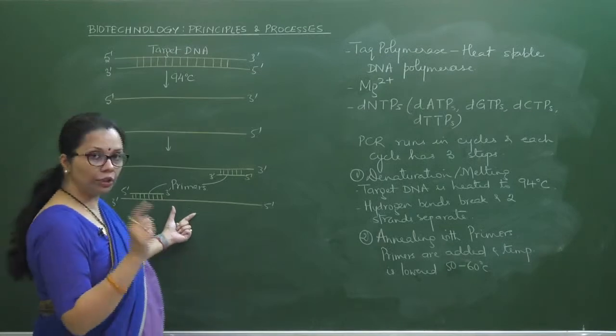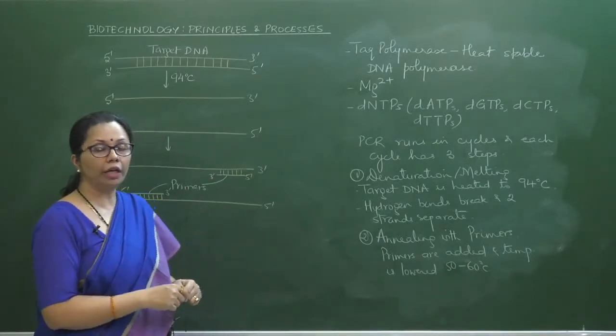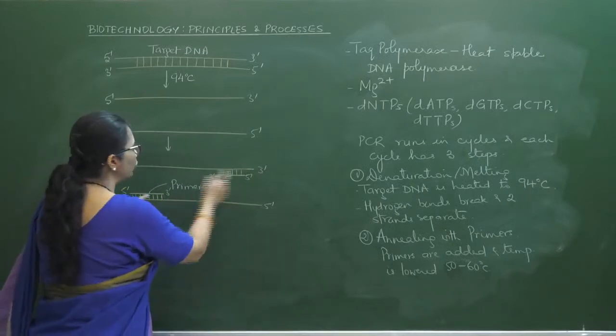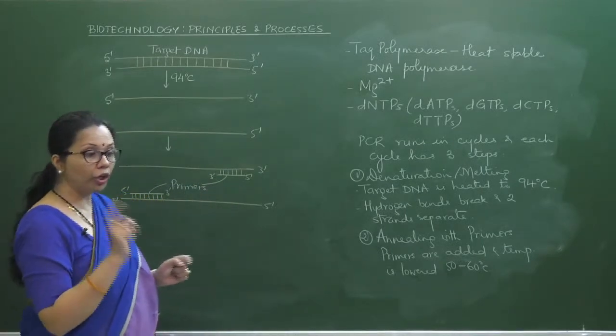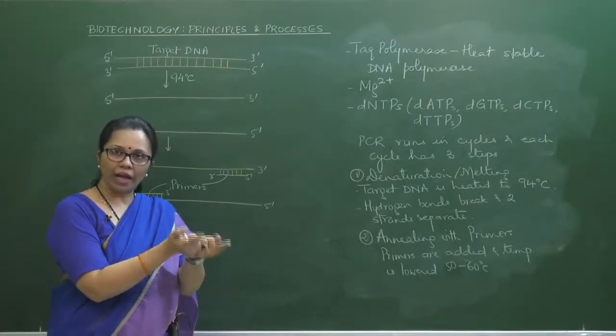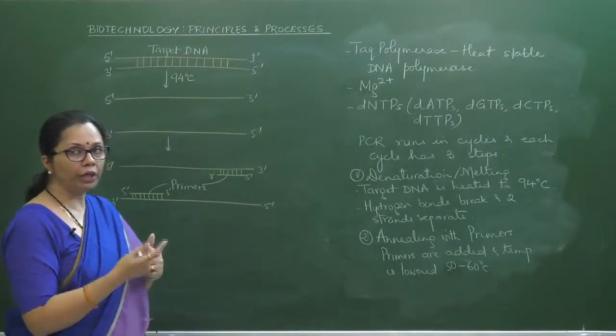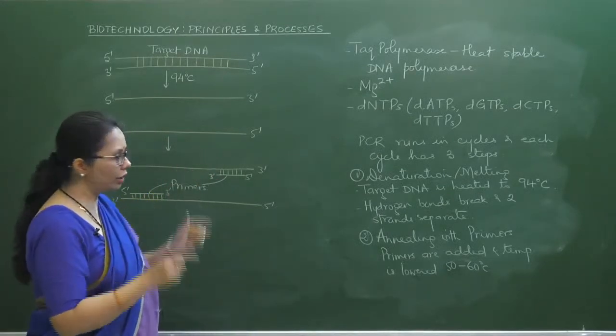These primers, as I told you, are complementary to the ends of the target DNA, but they shouldn't be complementary to each other. That is important, because if they are complementary to each other, they will form double-stranded hybrids, and then the whole process will not be done. So they have to be complementary only to the target.